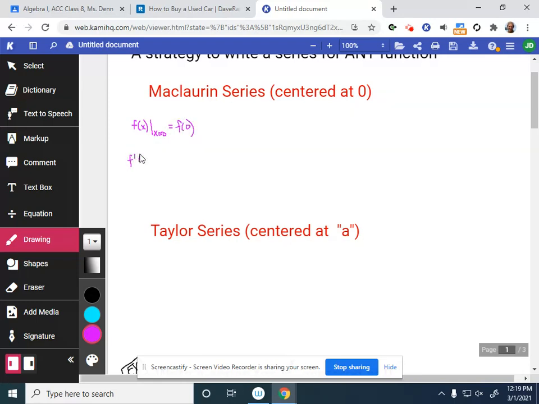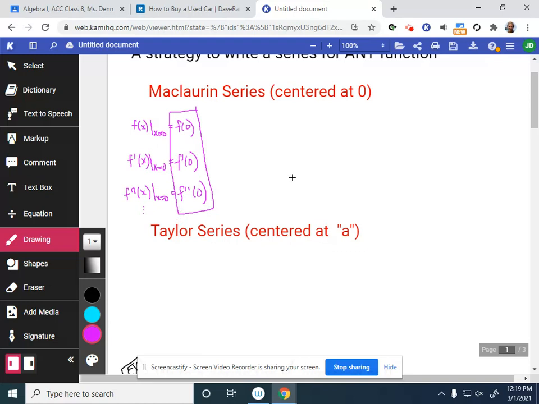You're going to take the derivative of that function, and you're going to evaluate that at 0, and that's what we're going to call f prime of 0. Then we're going to find the second derivative of the function, evaluate that at 0, and that's going to give us f double prime of 0. We're going to keep going however far we need to go, and we're going to use these values to find our series.